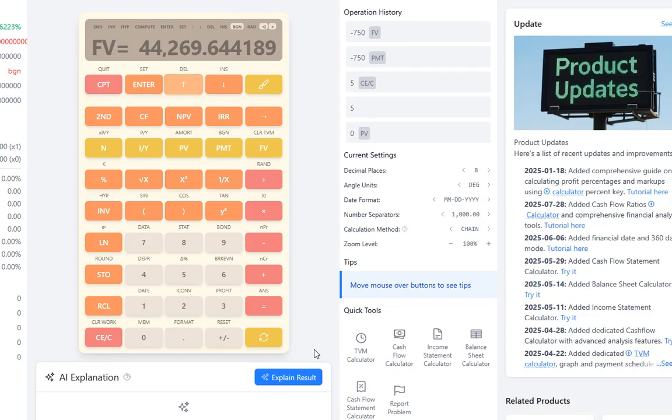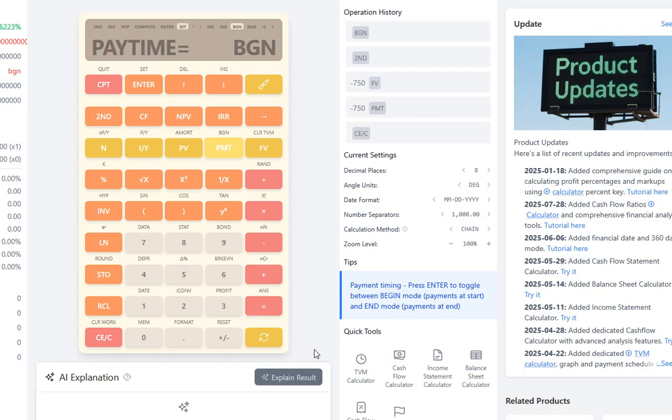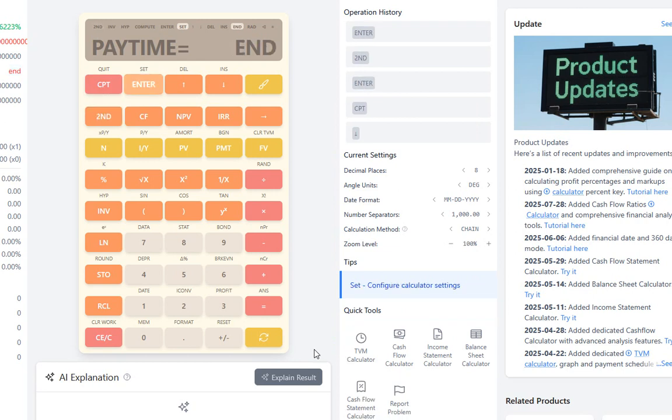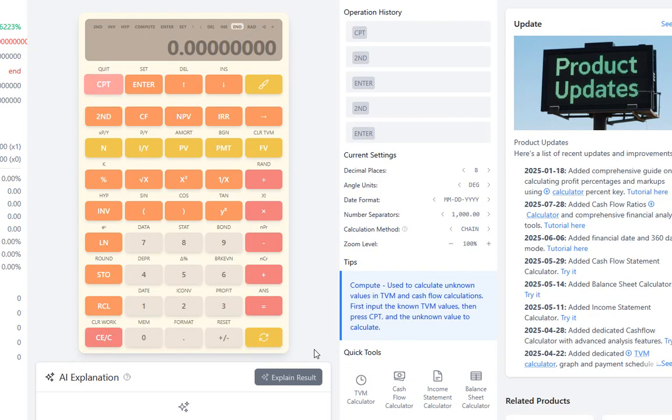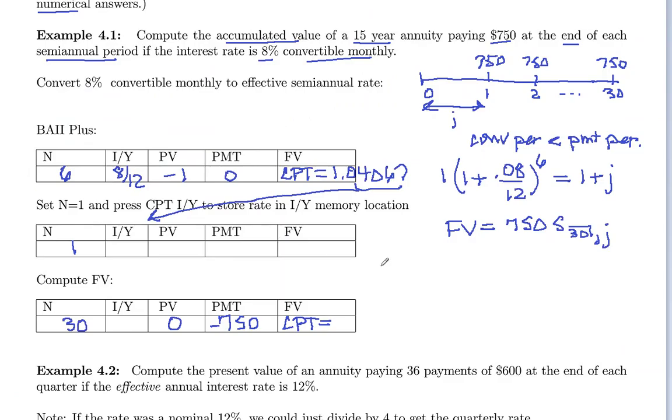That's not what I got in my notes, which is because I left it in begin mode. So let's do second set. There we got end, and then second quit. Okay, so now it's in end mode. And now we compute FV. There we go. 42,539.45. I did just the thing I told you guys not to do. I didn't reset it.